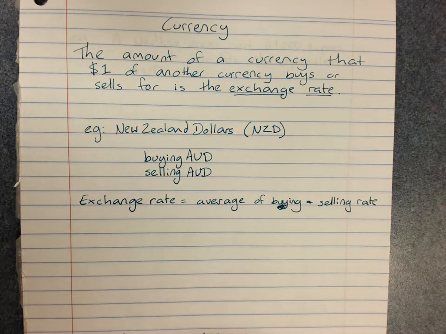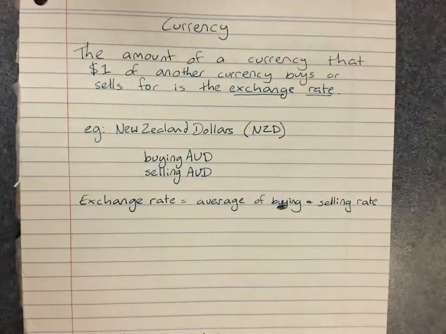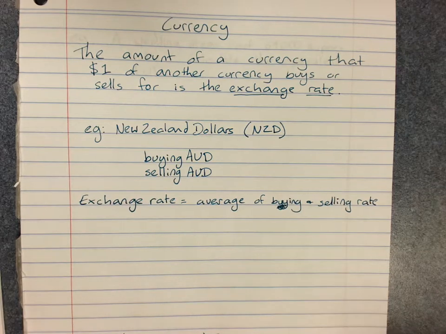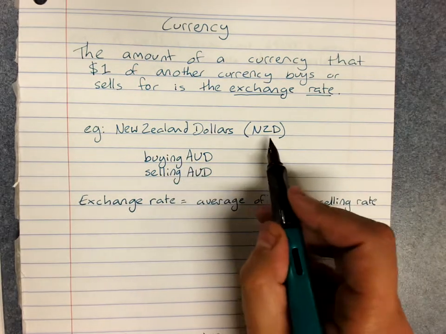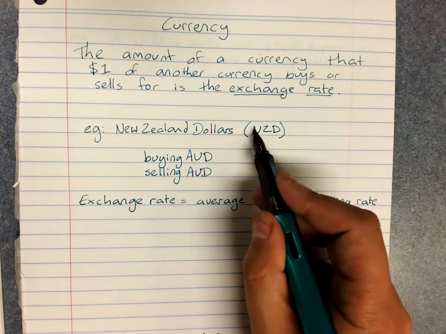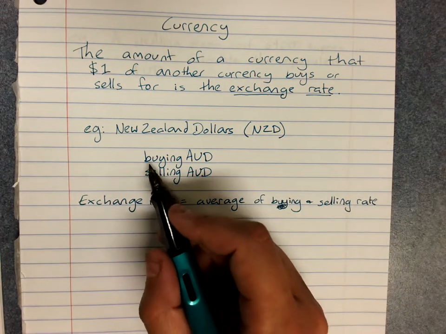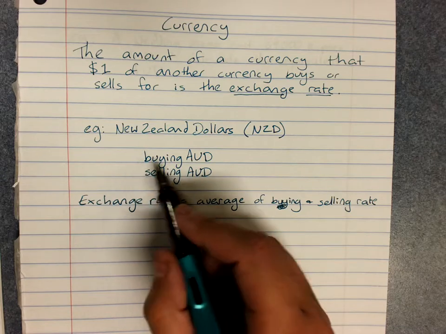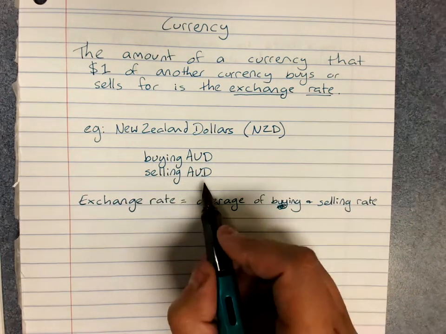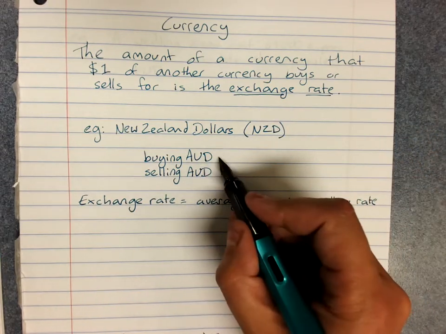So where you'll usually get these exchange rates is from a table. You've got a table in your finance workbook, first page there. In our example, I'm going to take the New Zealand dollars one because I like New Zealand. Each currency has its little ISO code, so we are AUD, New Zealand is NZD. When we are buying or selling Australian dollars and trading with New Zealand dollars, we're going to get different numbers.